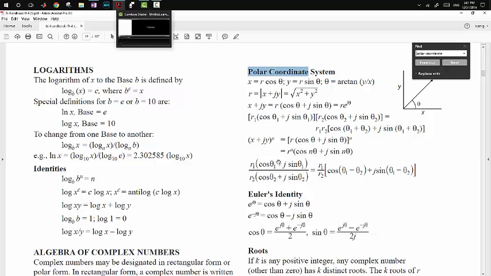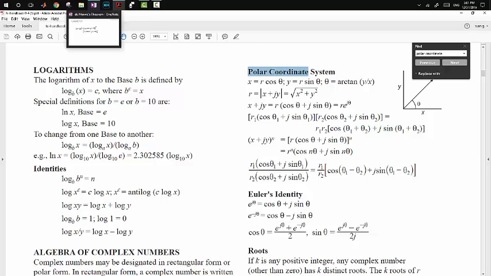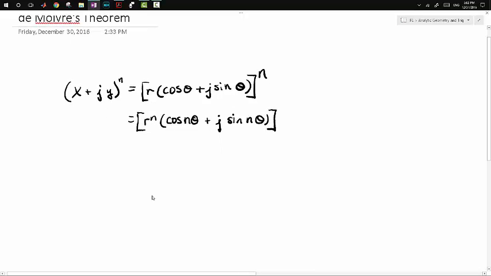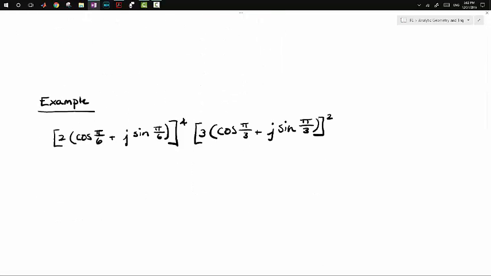Basically, you would use it when you are looking for a complex number raised to some power. It's basically a derivation done for you. So let's look at a quick example. We have two terms here multiplied together.